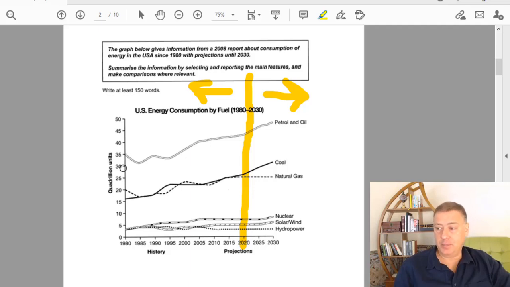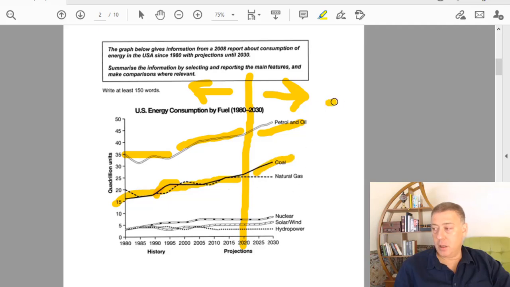sort of data points. So for petrol, you might mention one here, the sort of period of up and down, then an increase here, and then a forecast increase there. There's 3. For coal, if you look at this little bit, is that really worth mentioning? Probably not. So for coal, I would have 1, 2.